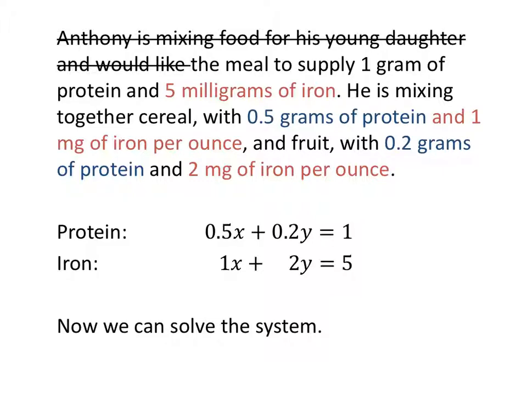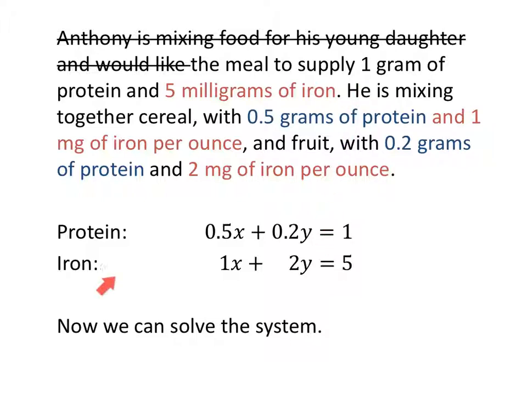The protein. 1 gram of protein, which I forgot to highlight in blue. Cereal has 0.5 grams of protein, and fruit has 0.2 grams of protein. So if x is the amount of cereal I use, and y is the number of ounces of fruit I use, then 0.5 times the amount of cereal plus 0.2 times the amount of fruit should give us my total of 1 gram of protein.